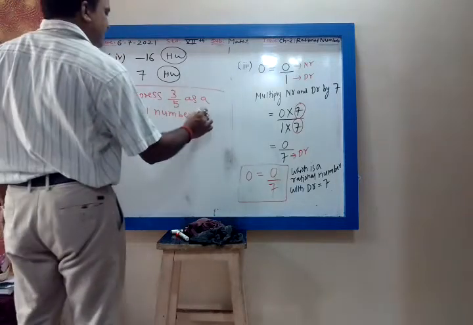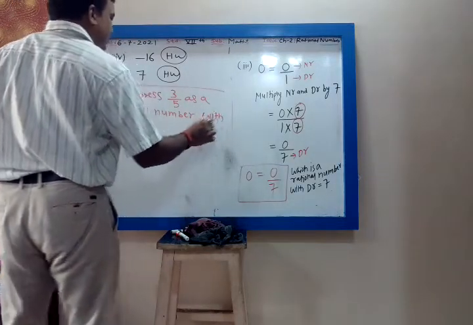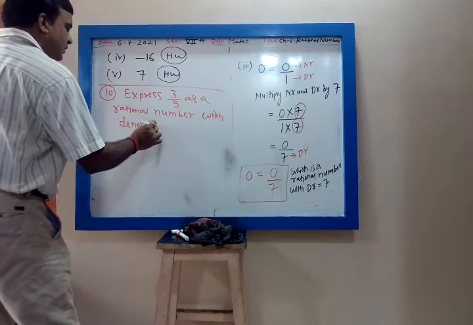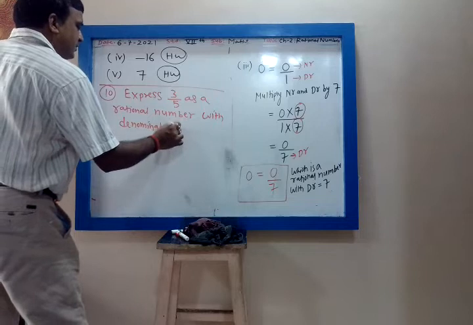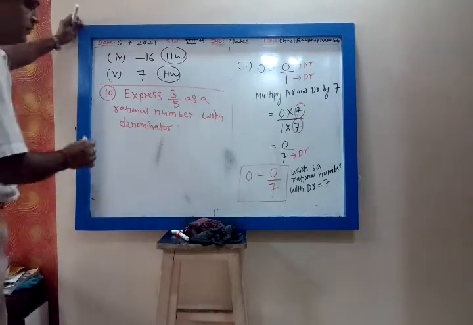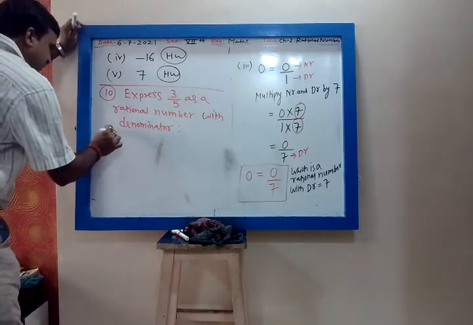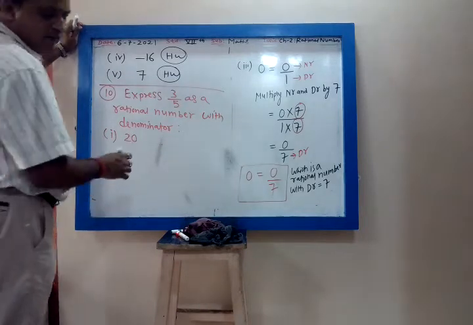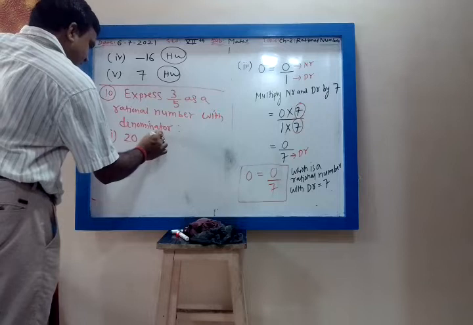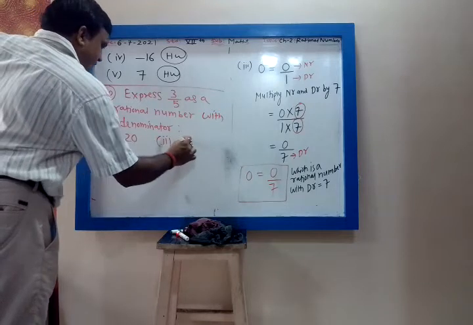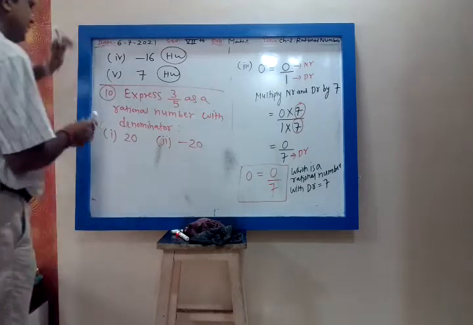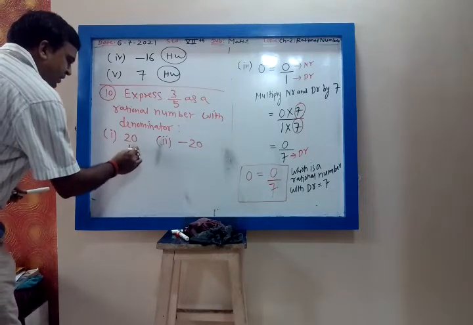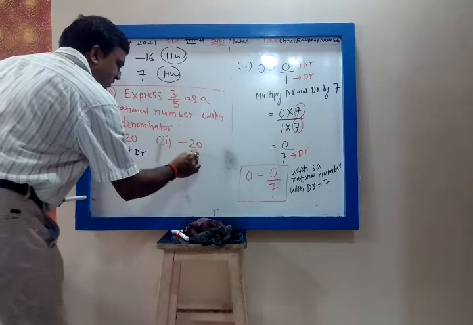with denominator: first it is 20. Second it is minus 20. You want denominator 20, you want denominator minus 20.